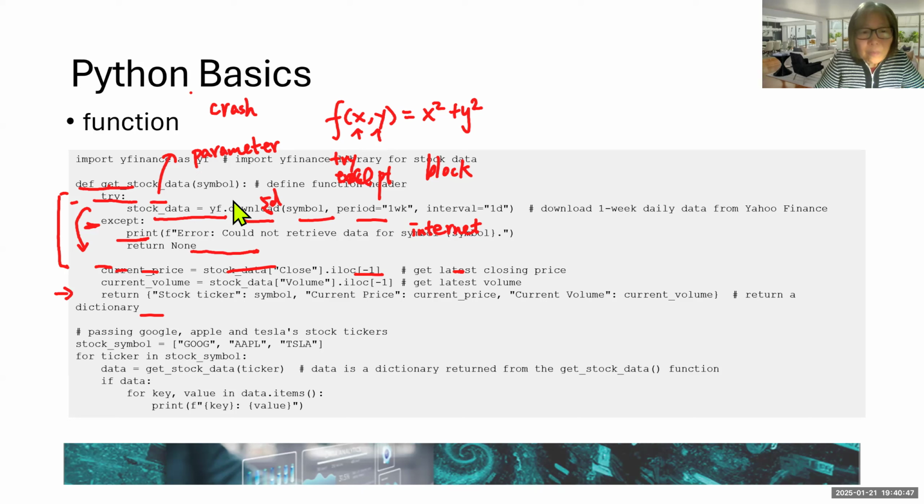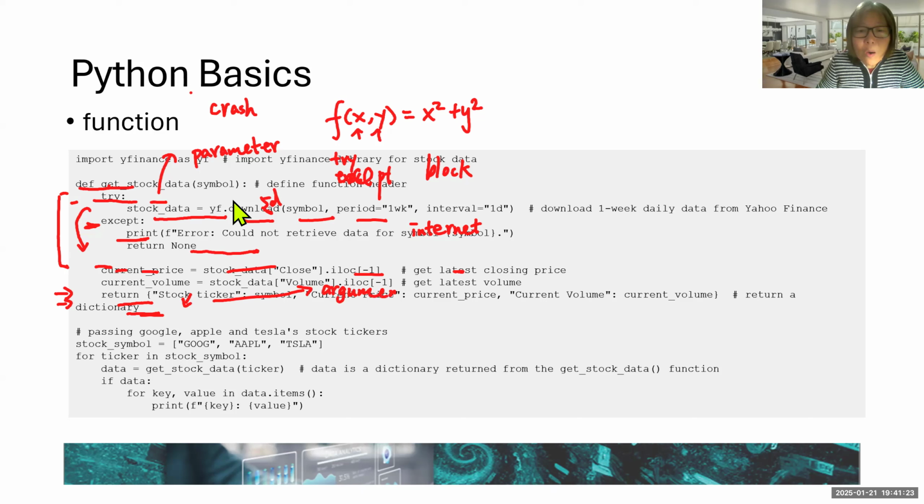Then here, let's see. We have three tickers: Google, Apple, and Tesla. You want to get Google's ticker, price, and volume, and also Apple's and Tesla's. So here you use a for loop. First will be Google, so over here you plug in the ticker.